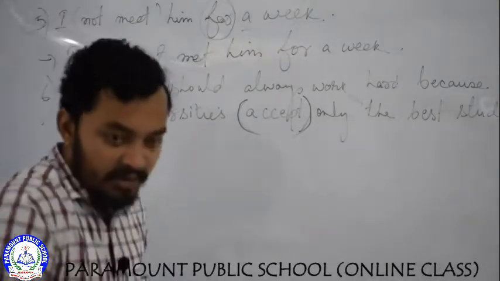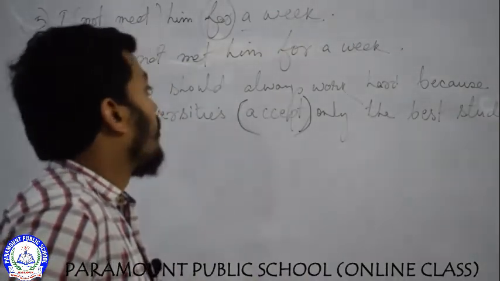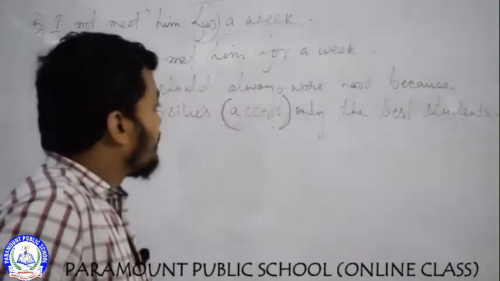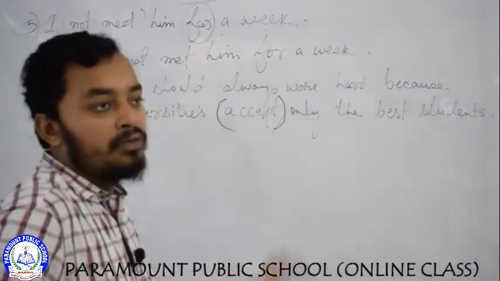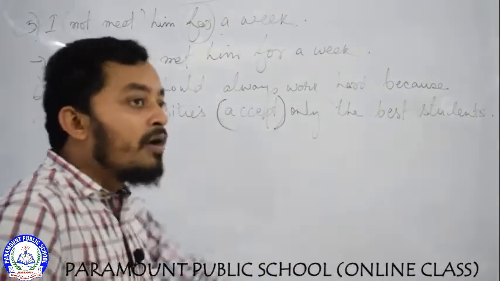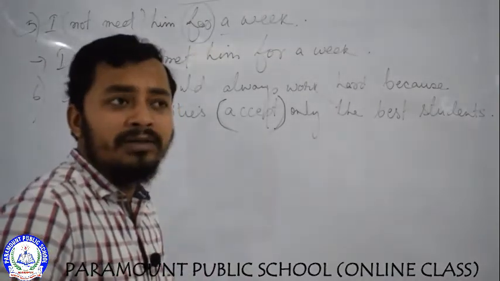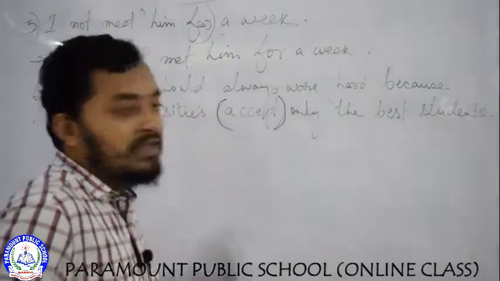This is the sentence. Now read the sentence. What is said? Students should always work hard because universities accept only the best students. Nowadays, what do universities do? They accept good students, they accept the best students. For this, students should work hard. Students should study properly and seriously to get a good result. So this is a fact.